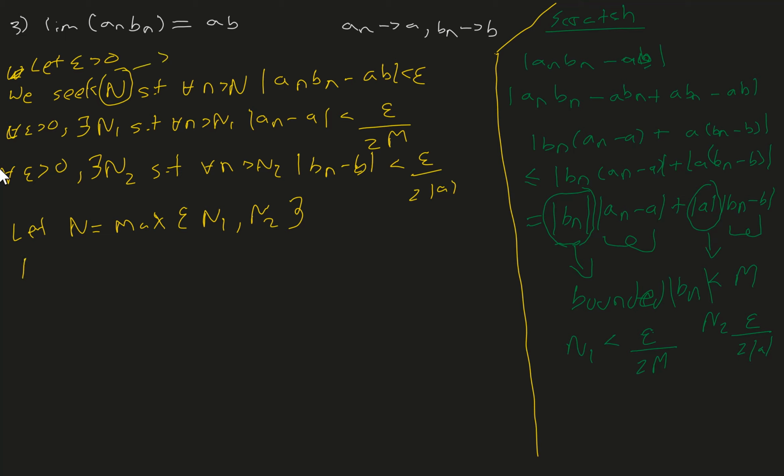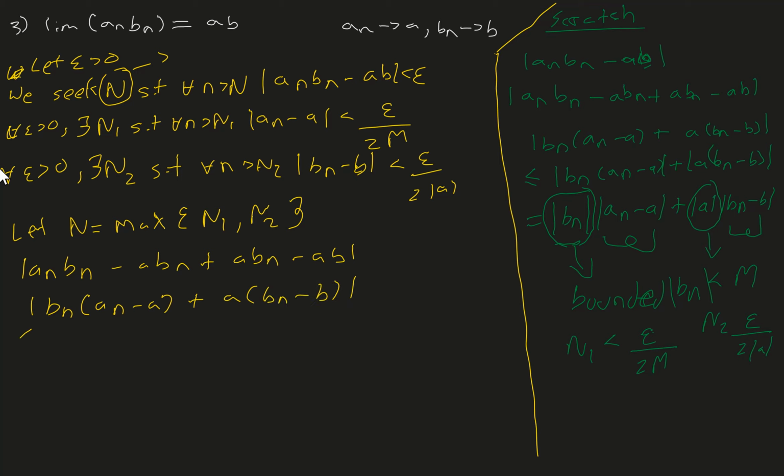So let's just write this out. |a_n b_n - a b_n + a b_n - ab|. Although we did all this work in the scratch work, we need to do all of this more formally. This is the same as |b_n (a_n - a) + a (b_n - b)|.